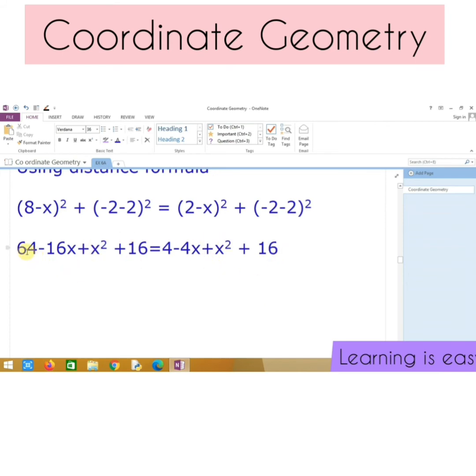X square also goes off from both LHS and RHS. So we get 64 minus 4. We take all the numerals on the left hand side and the x values on the right hand side: 16x minus 4x. So 60 equal to 12x. X is going to be 5.